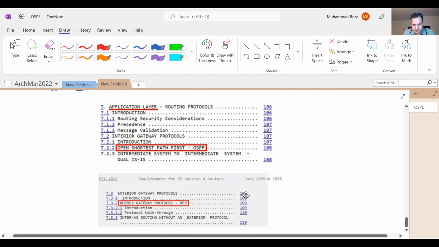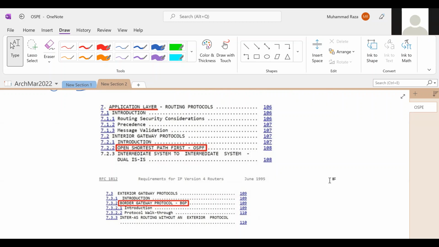So this is the index of this RFC, and you see where they are listing these protocols. On the application layer? Yes, on the application layer. But this is also not standard in the industry. I will share that argument with you as well.